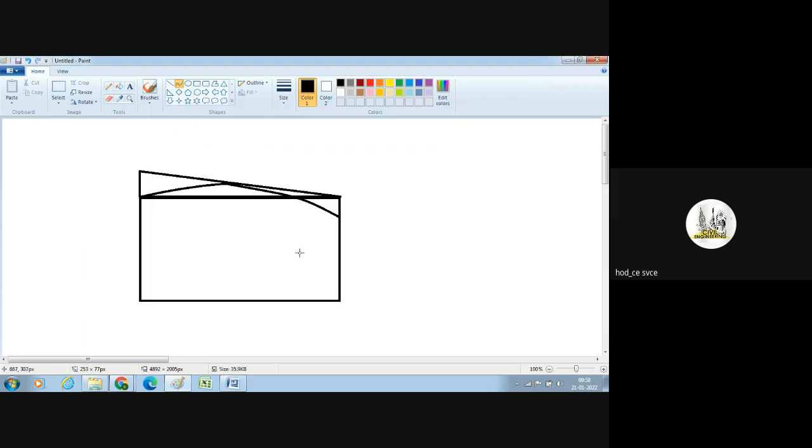See here, this is one of the trapezium, right? That means actually this is a curve, a parabolic curve. In that case, we need to calculate the area.